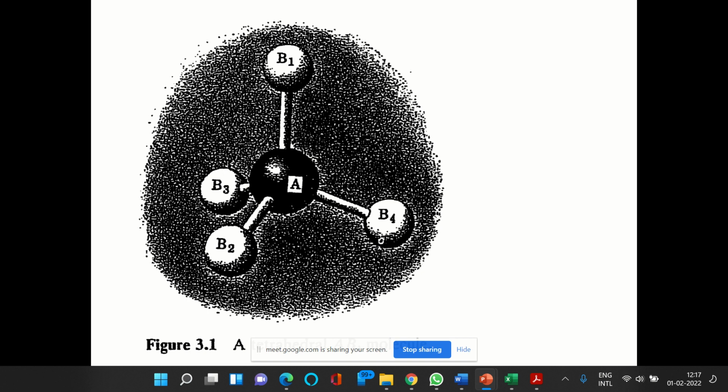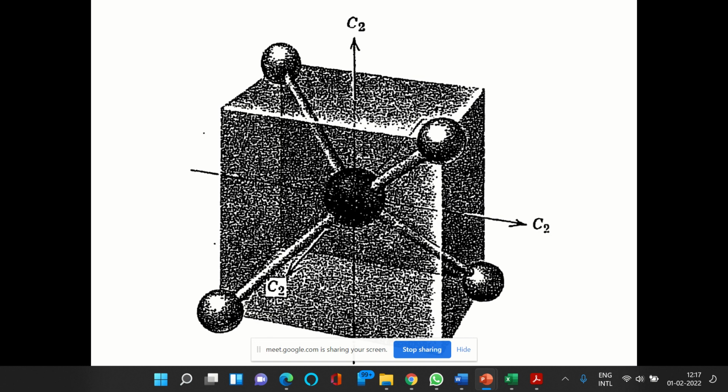That is always valid. A bond may be there, may not be there on a case-to-case basis, but you can always draw an imaginary line while describing that geometry. So these are the 3 C2 axes being shown in this special case. 1, 2, and the third one.